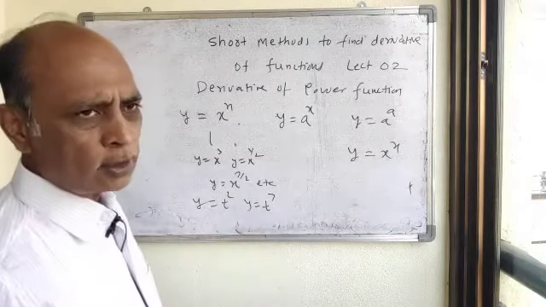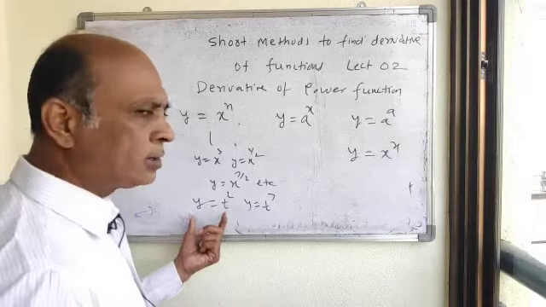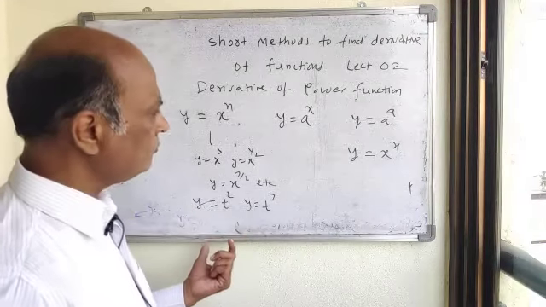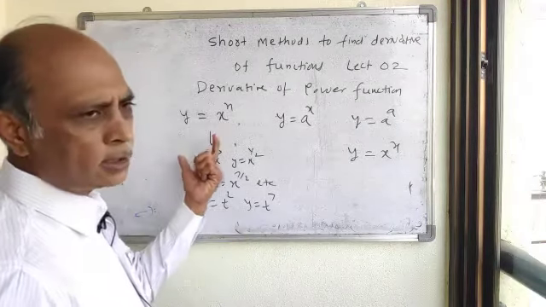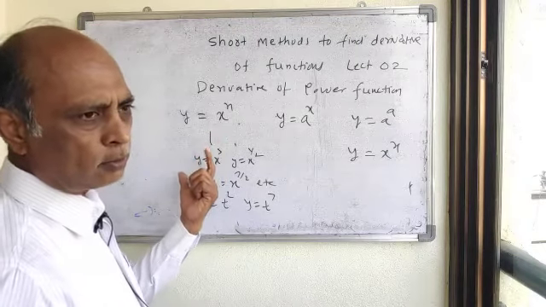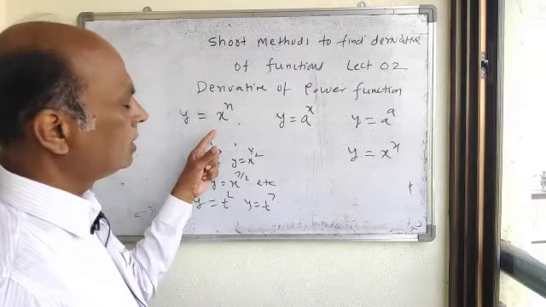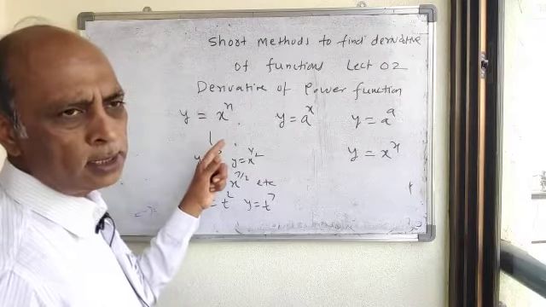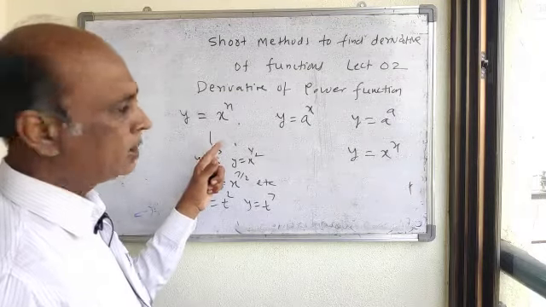So in that case we have to take the derivative of y with respect to t. So this is the first form of the power function, where the base is variable and the power is constant.